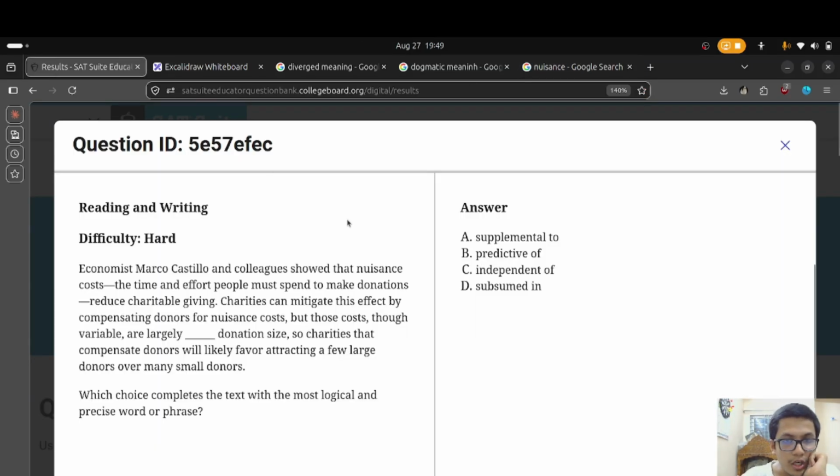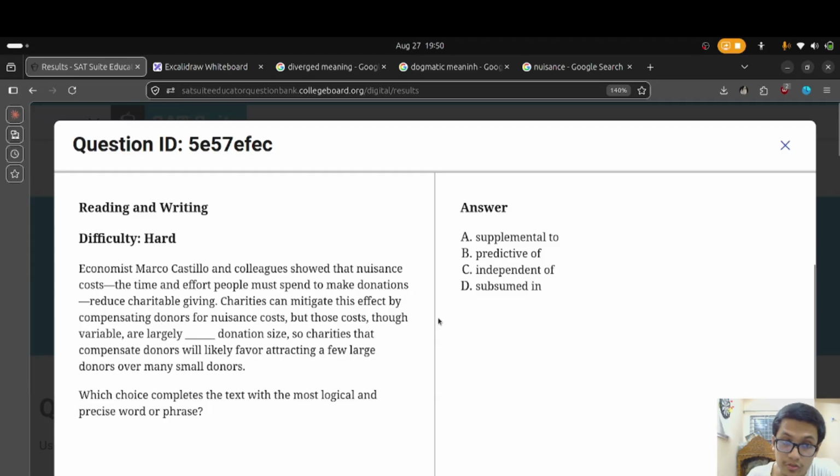But those costs, though, are largely independent of the donation size, or maybe supplemental to the donation size. So charities can mitigate this effect by compensating donors for nuisance costs, because the charities think that the donors already suffer from the nuisance costs, so they can mitigate this effect by compensating them.